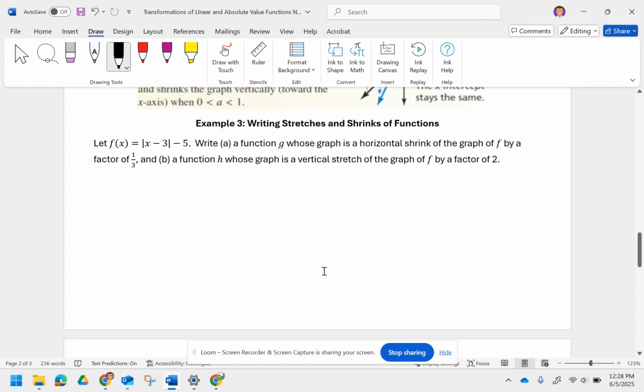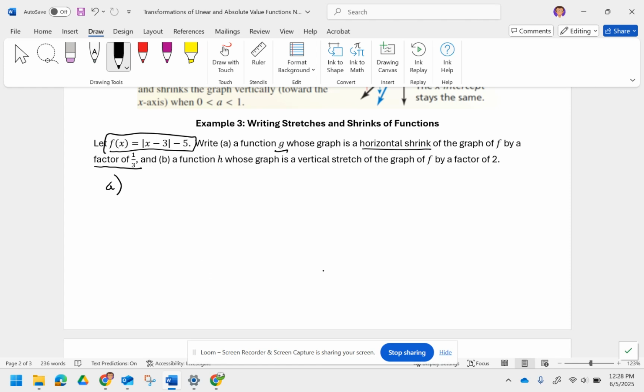Okay, so let's look at this one, writing stretches and shrinks of functions. So we've got f of x is equal to the absolute value of x minus 3 minus 5. We want to write a function g whose graph is a horizontal shrink of the graph by a factor of 1/3. All right, so let's start with a, and we'll just complete that first.